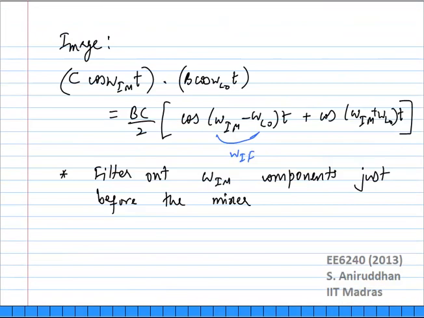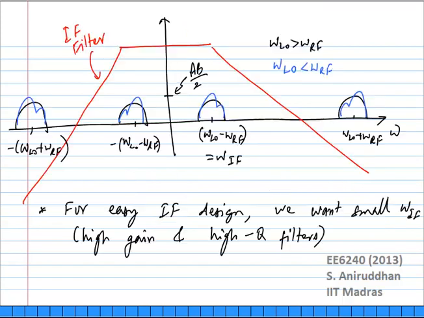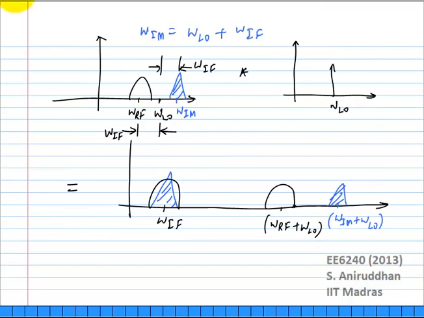Okay? Now, as far as this filter is concerned, which is better, having a low IF or a large IF? Large IF. Why is that? As simple as that. What you're talking about when you say image reject filter is something like this, let us say.